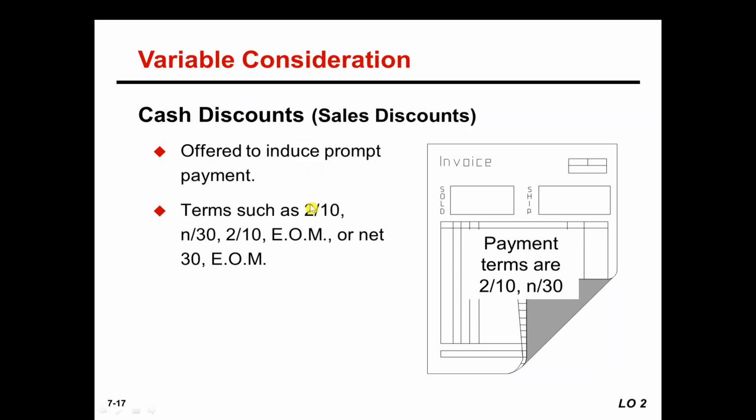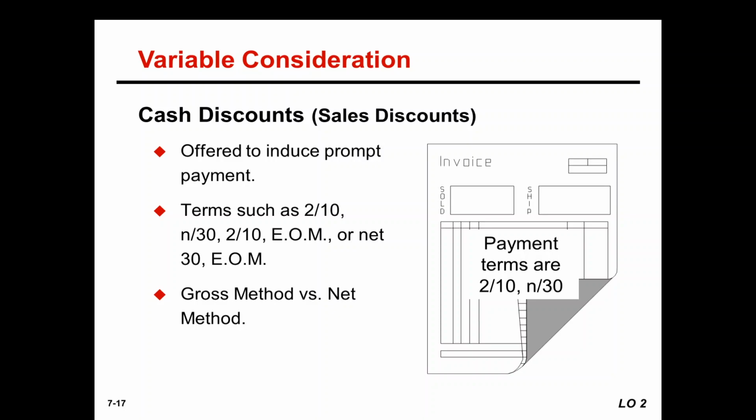It is in the form of a cash discount. This cash discount, for example, is 2/10, net 30. It means that you will be given 2% of cash discount if you pay within 10 days after your purchase, and all of your payable must be paid within 30 days. This is what we call 2/10, net 30.